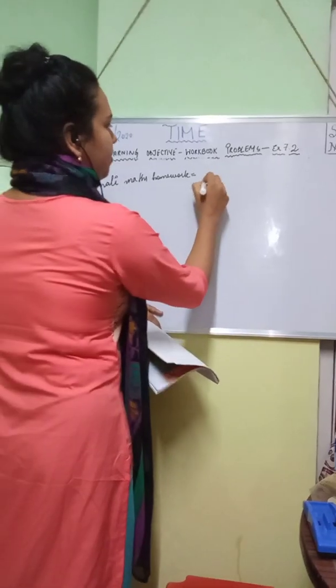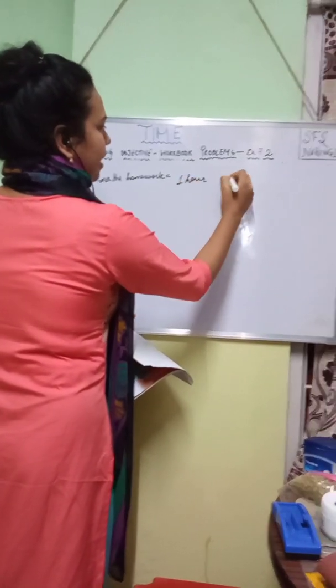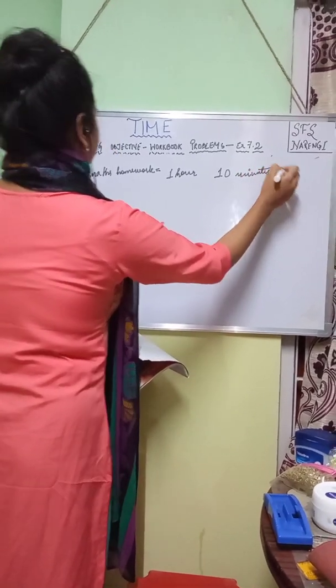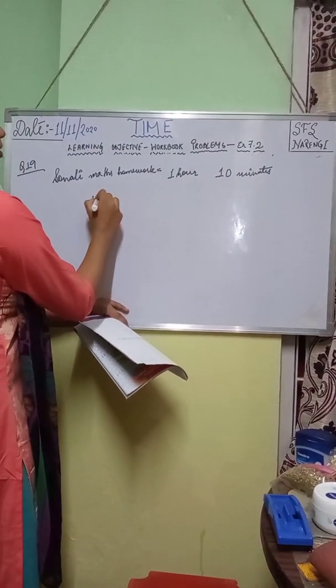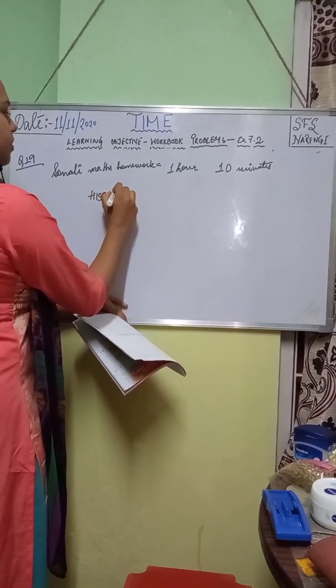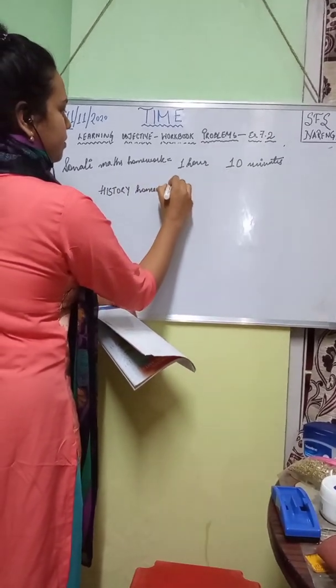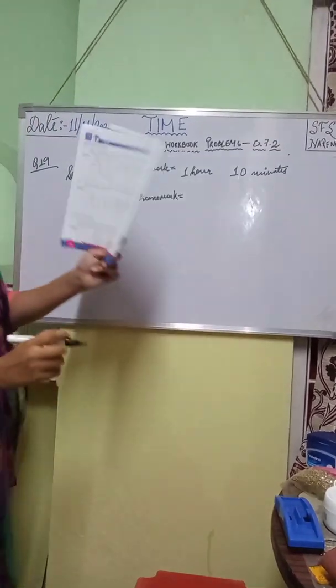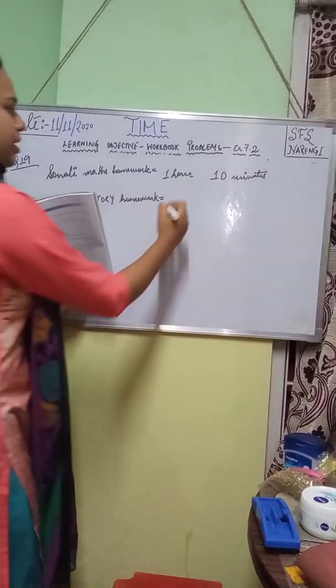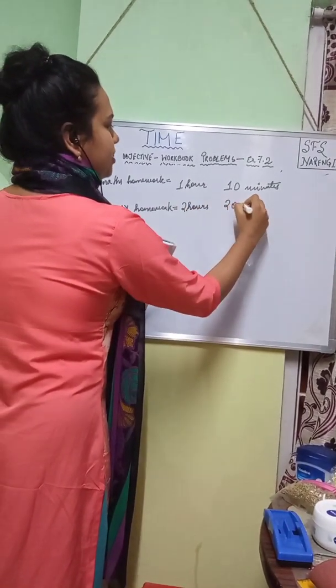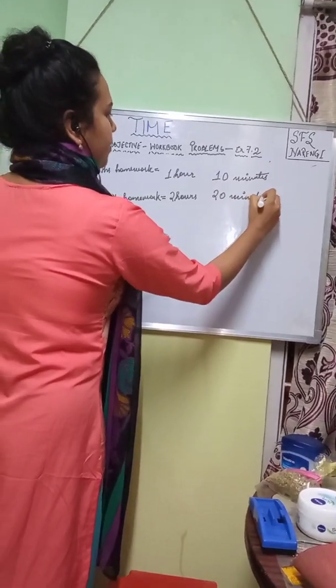In 1 hour and 10 minutes. Okay. History homework, in how much time did she complete her history homework? In 2 hours and 20 minutes.